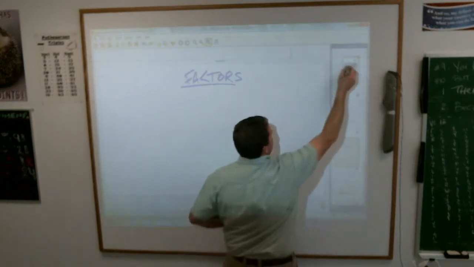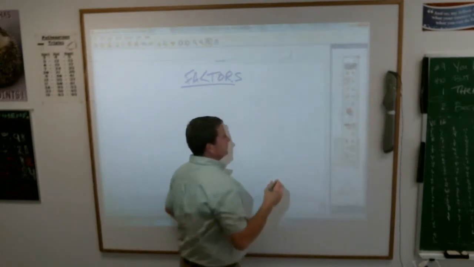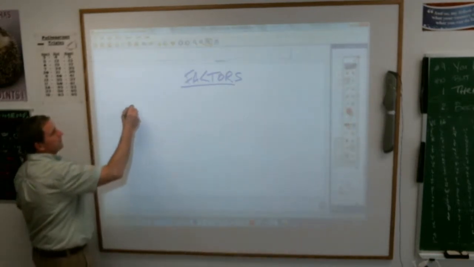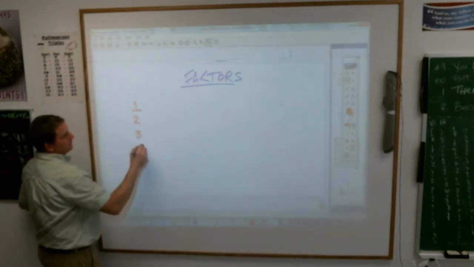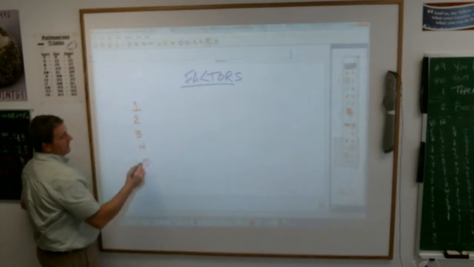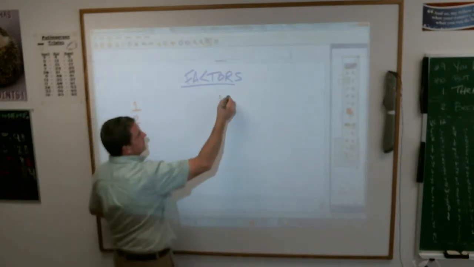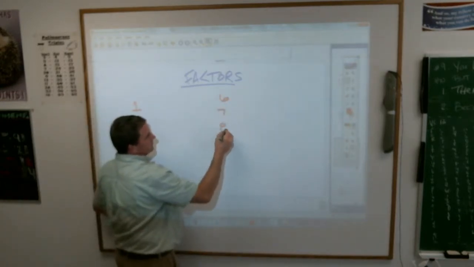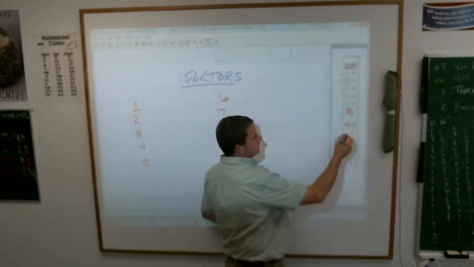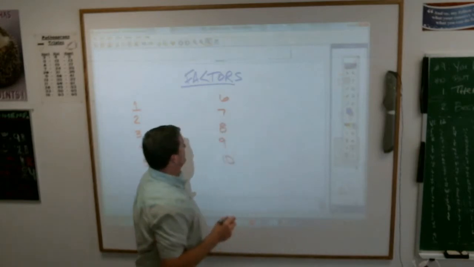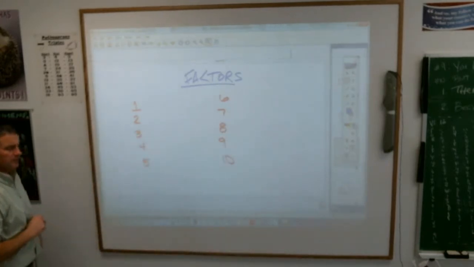All right, and then write this down, please, if you will be so kind as to: 1, 2, 3, 4, 5, 6, 7, 8, 9, 10. What are factors, children? Keith, what's a factor?